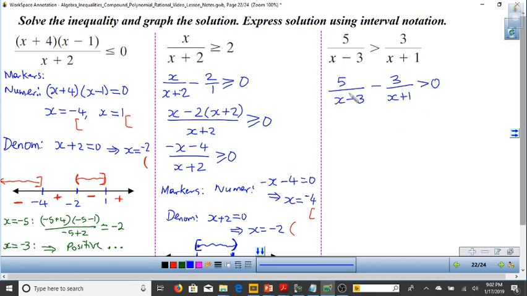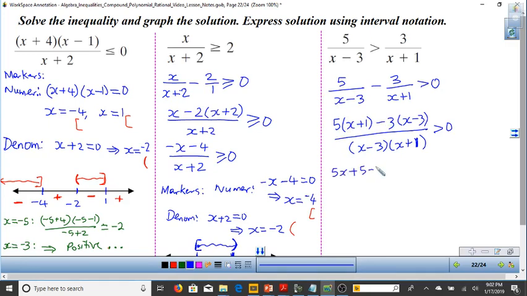And now we combine the fractions. So we're going to multiply top and bottom here by x plus 1 and top and bottom here by x minus 3. And then the denominator we will not distribute. We'll just leave it as x minus 3 times x plus 1. And then we simplify the numerator. 5x plus 5 minus 3x plus 9.